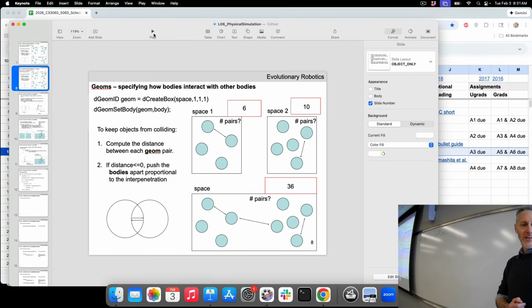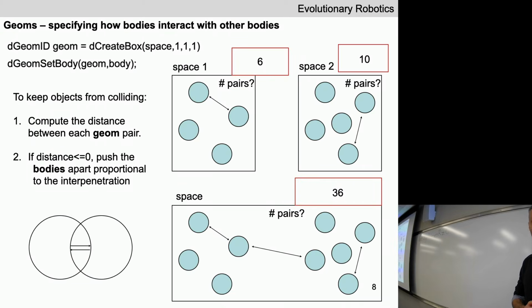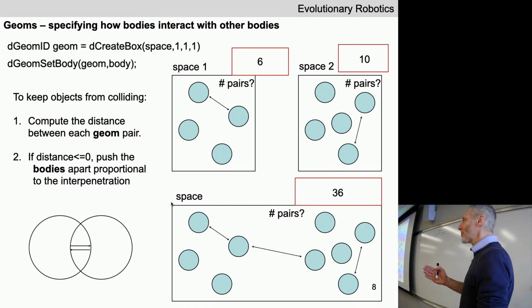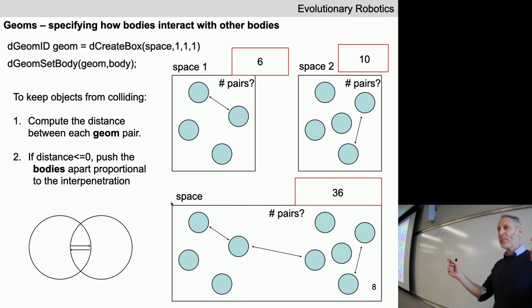We ended last time by talking about that part of physical simulation that is the most computationally inefficient. For every pair of objects in your scene, at every time step, the simulator has to compare every object to every other object, which results in more or less n squared comparisons.